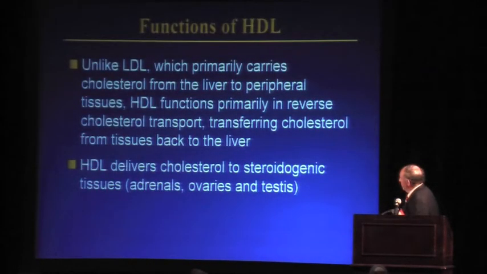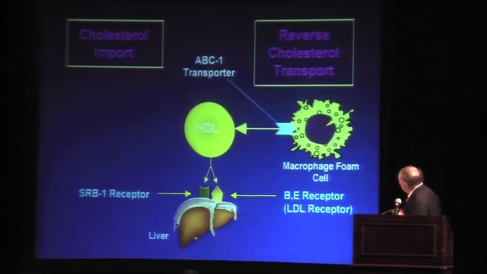Now, unlike LDL, which carries primarily cholesterol from the liver to the periphery, HDL functions primarily in the reverse cholesterol transport. And that's really what we're discussing here today. HDL delivers cholesterol to steroidogenic tissue, such as the adrenals, ovaries, and testes. So if we look here, this is the macrophage cell, which is laden with LDL cholesterol.